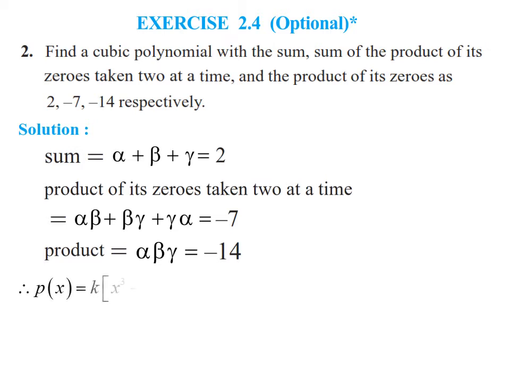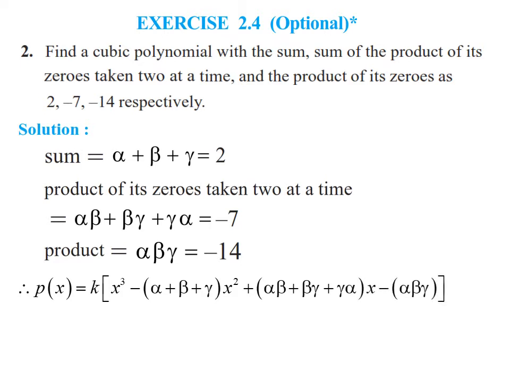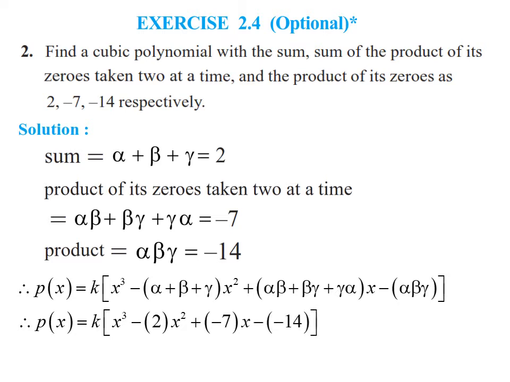The polynomial form p of x will be k into x cube minus alpha plus beta plus gamma into x square plus alpha beta plus beta gamma plus gamma alpha into x minus alpha beta gamma. Whenever you have the sum, the sum of product of any two, and the product, just put the values you have. So I get p of x equals k times x cube minus 2 into x square plus minus 7 into x minus of -14.